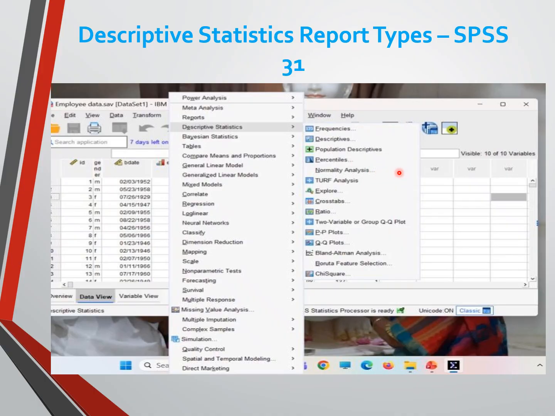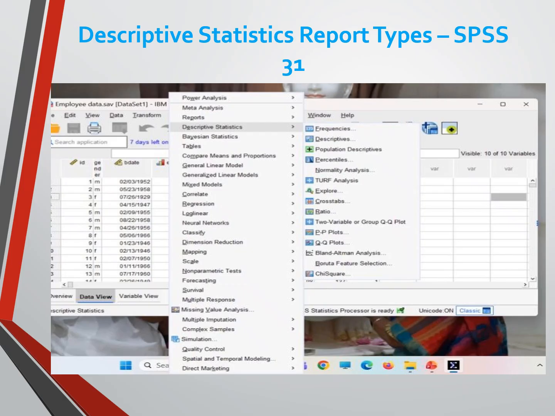This is very important, because it indicates whether my data is normal or abnormal, symmetrical or asymmetrical. They also allow the chi-square calculation. The last point given is chi-square, which is one of the very important parametric tests.